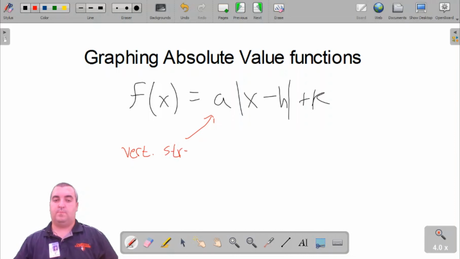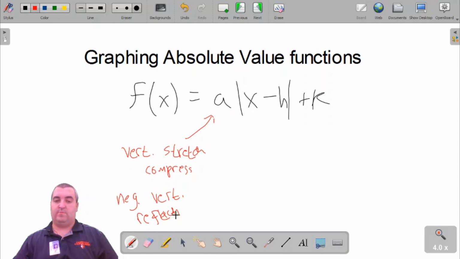stretch or compress. If it's bigger than 1, it's going to be a stretch, and if it's between 0 and 1, it's going to be a compression. Now, a can also be negative, so if it's negative, then we have a vertical reflection over the x-axis.